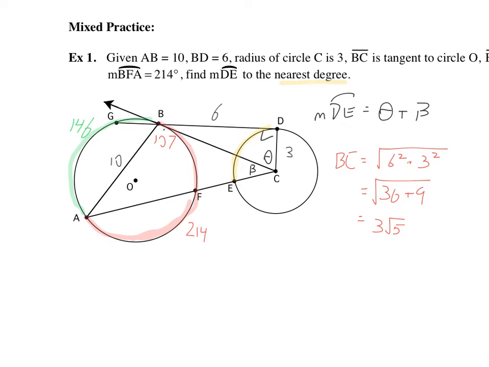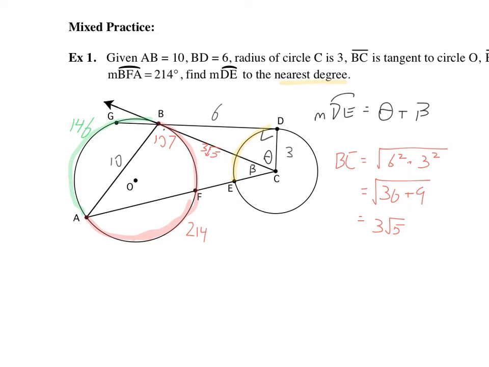And if we're trying to figure out an angle, beta, we have options. We could do law of cosines to find AC, and then work our way back to angle B.